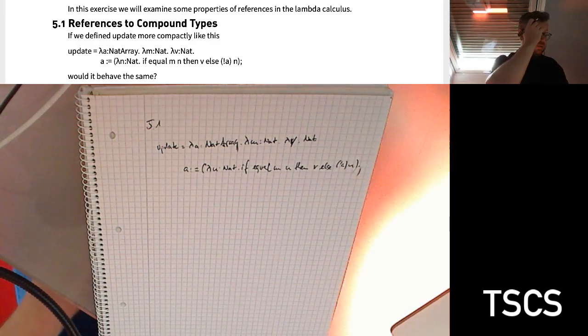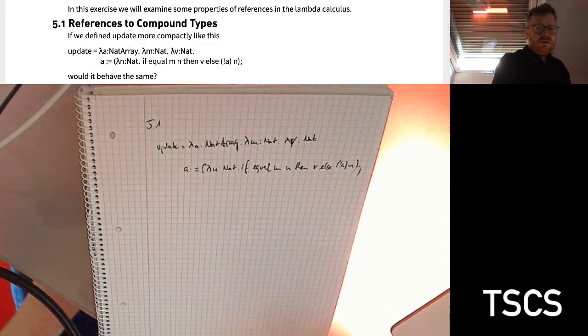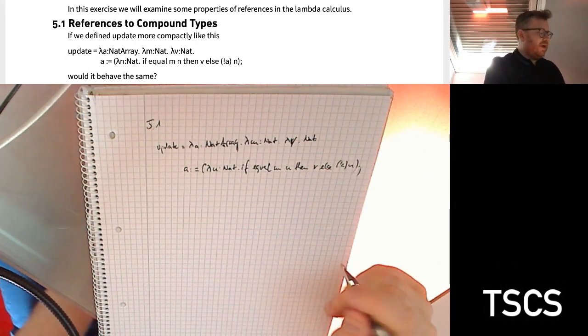So there wouldn't be this let old in there anymore, and how would it behave?